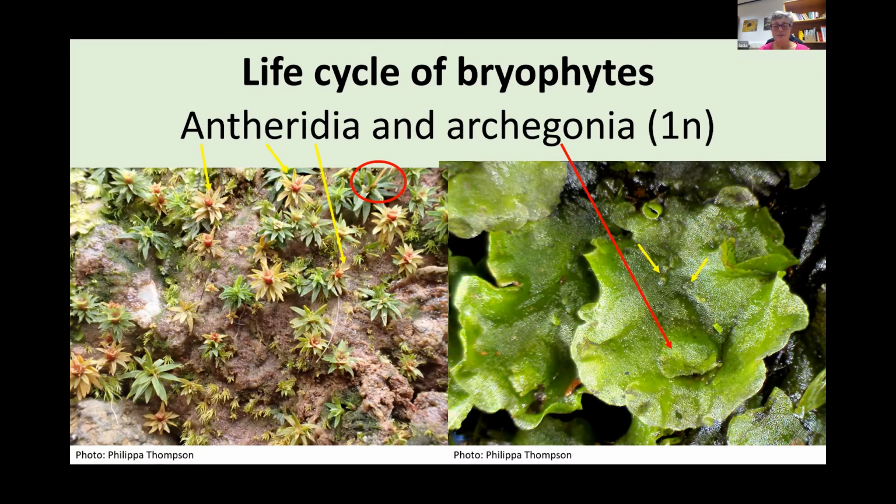On the left-hand side, there is a moss, Funaria hygrometrica-like in appearance, this one that has persistent protonema. And if you look on the top left-hand corner of the picture to the left, there is a little bit of green slime, and that's the persistent protonema.